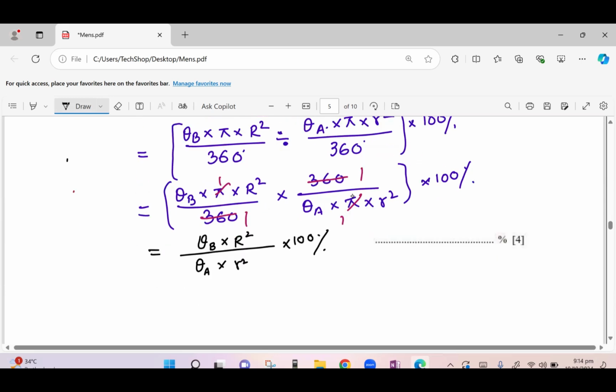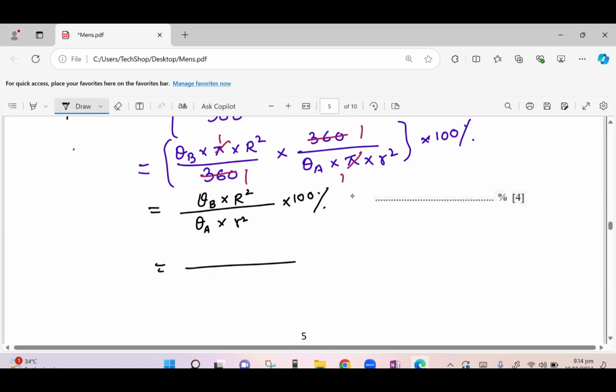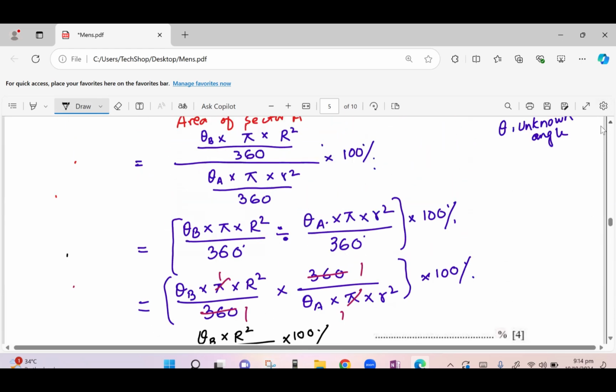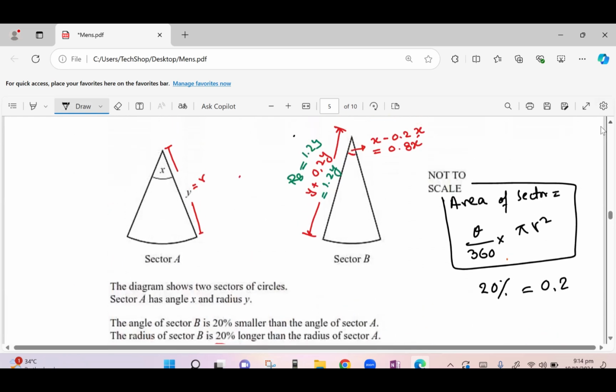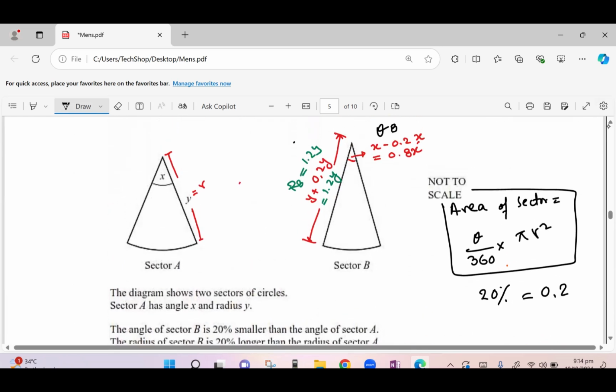Now you can put all the values in. Theta B is 0.8x. Theta A, angle A, is x degrees, radius y, and note this down please.